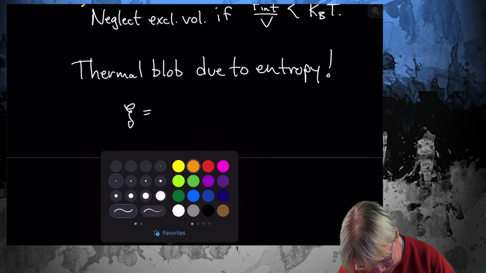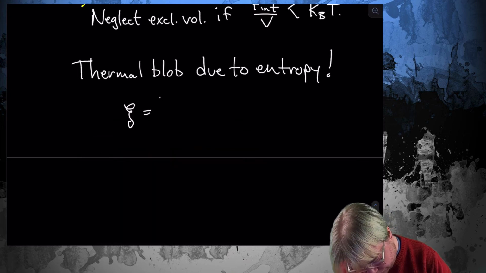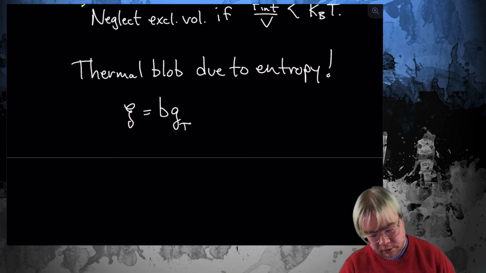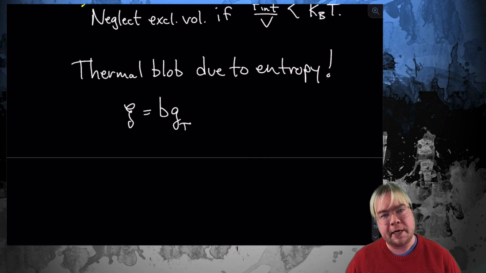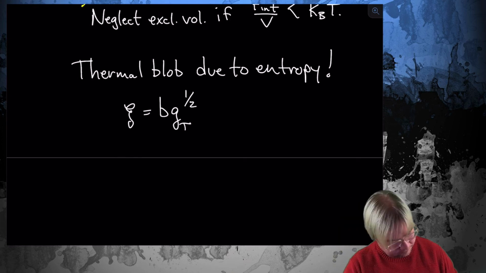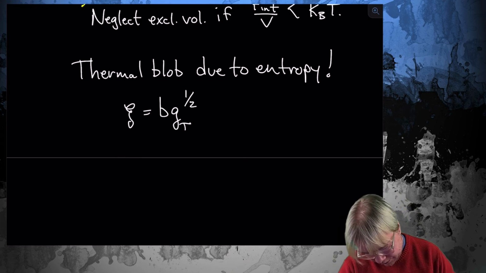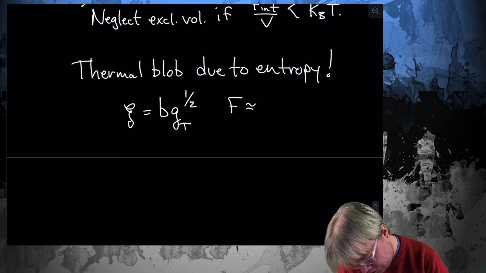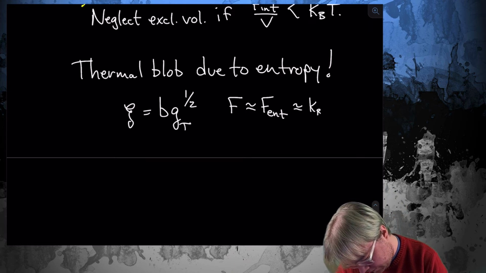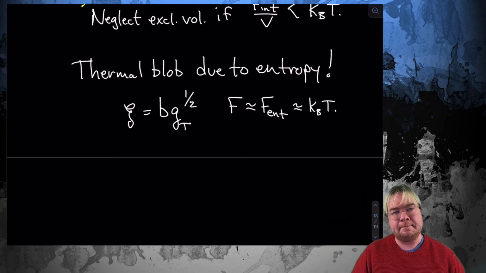So that means that this will be B, the Kuhn length, times the number of monomers in there. And if you want, you can put a T because it's a thermal blob. If you're following along Rubinstein and Colby, that's the way that they denote it, to the 1/2 power. All right. And the free energy is basically the free energy due to entropy. And it's due to kBT. Right? All right.